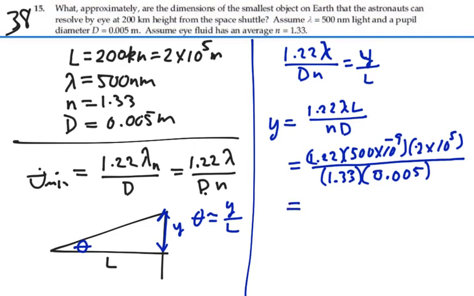So if I put all those numbers in, what do I get? 18.34 meters. So the smallest object that the astronauts can resolve by eye from the space shuttle at that distance, 200 kilometers, is 18.34 meters.